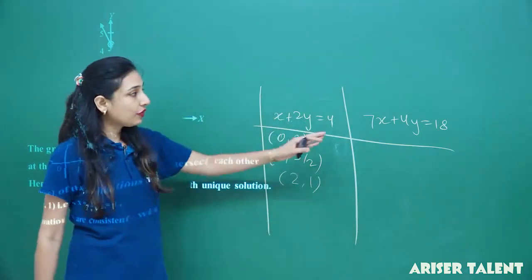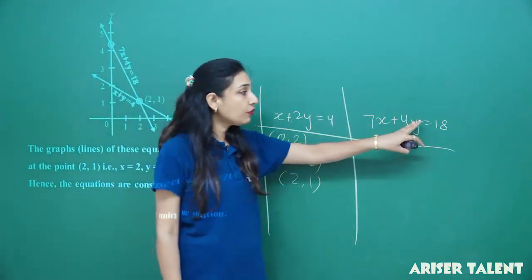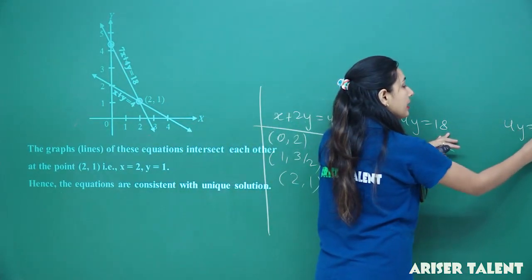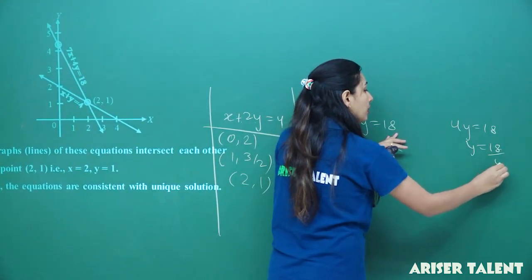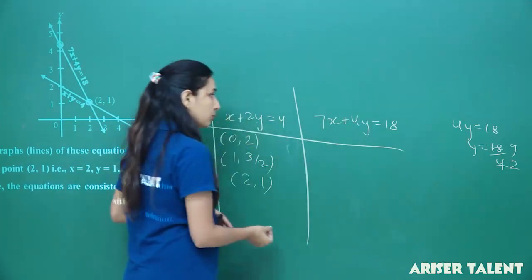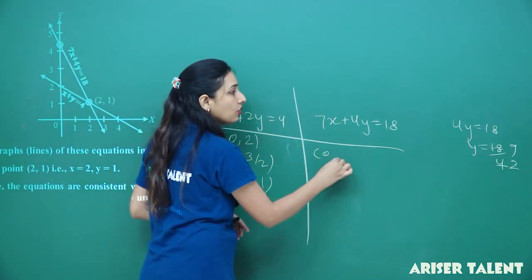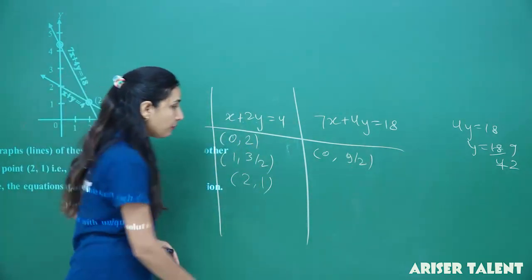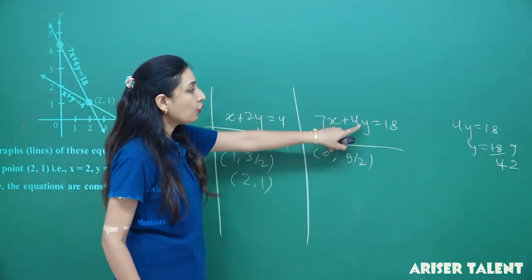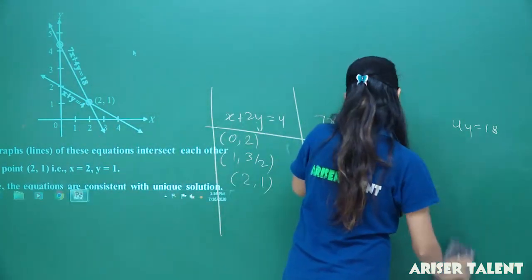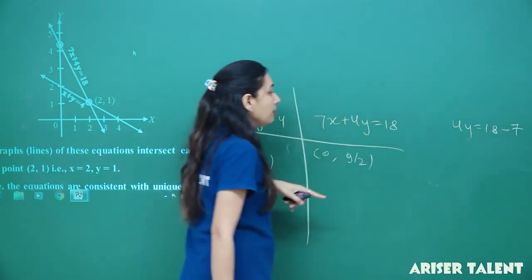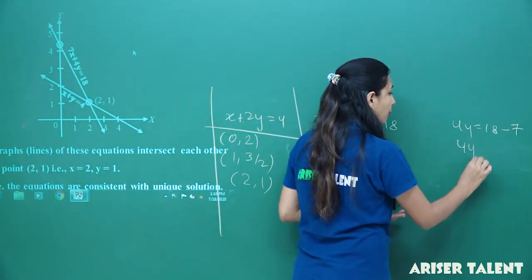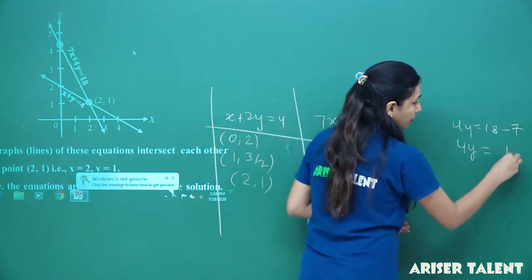Now if I put the value of x equals 0 here, that will become 4y equals 18, right? That means y equals 18 by 4, that is 9 by 2. So if the value of x is 0, the value of y is 9 by 2. Now if x is 1 here, 4y will be equal to 18 minus 7, which is 11.